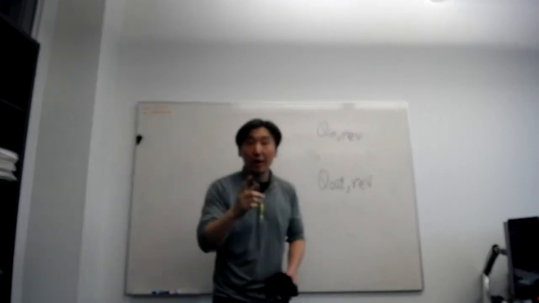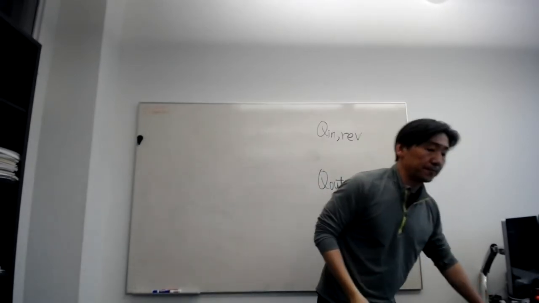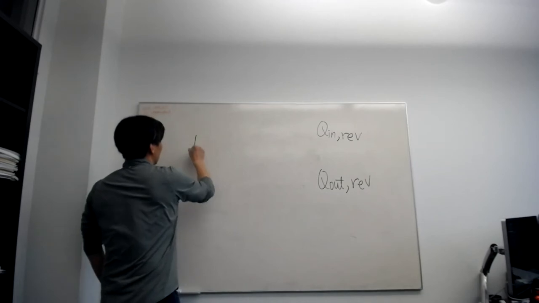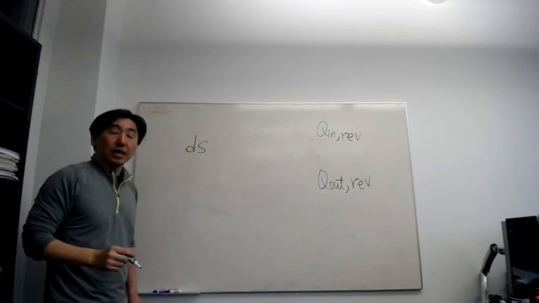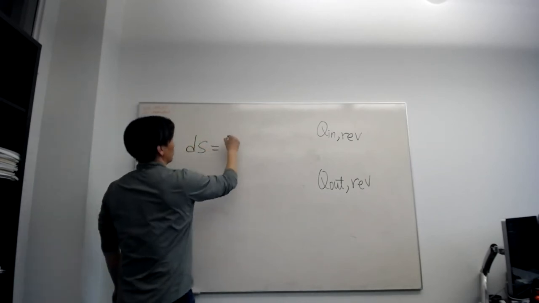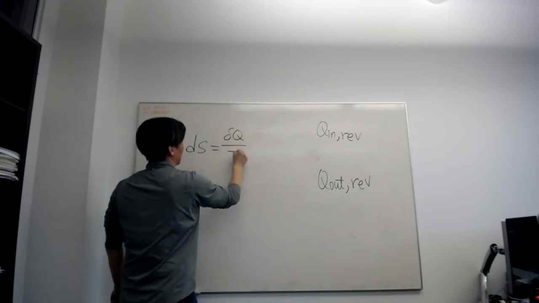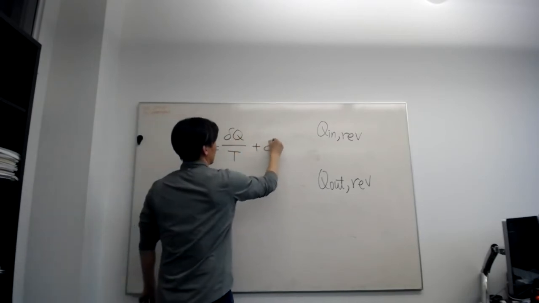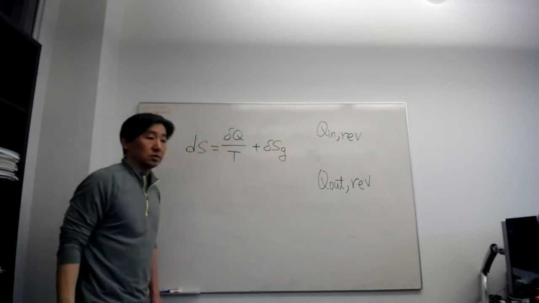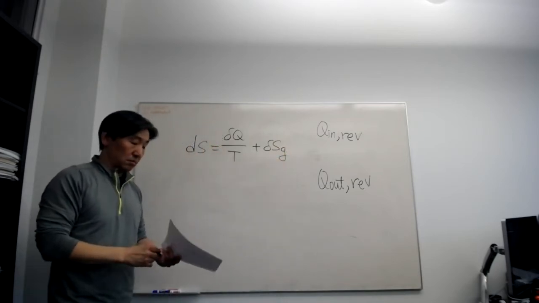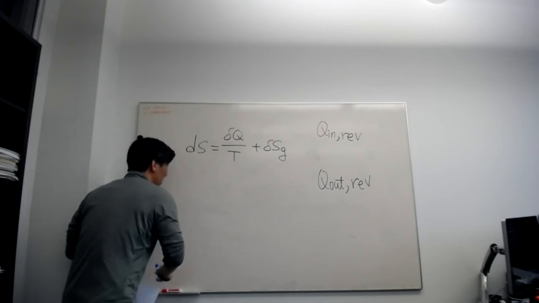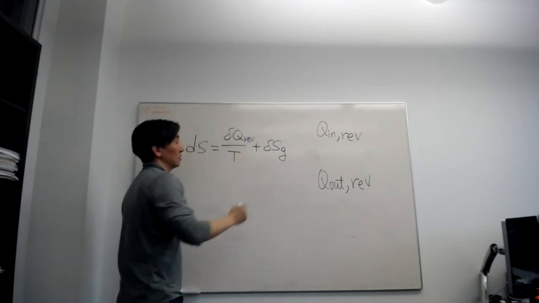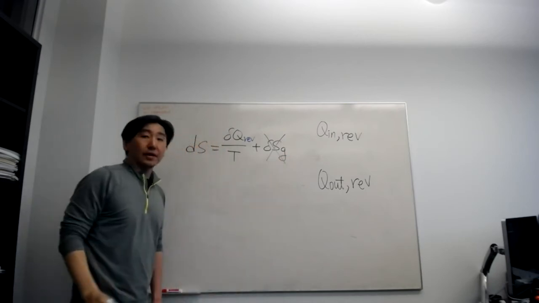Then, how can you write the second law of thermodynamics? Now let me write it down. A small change of entropy in your system is due to the entropy transfer due to heat transfer and small entropy generation. Now, if Q is reversible, then we don't have entropy generation.